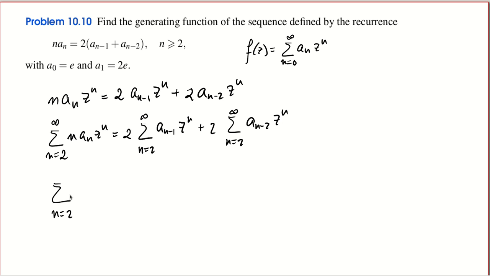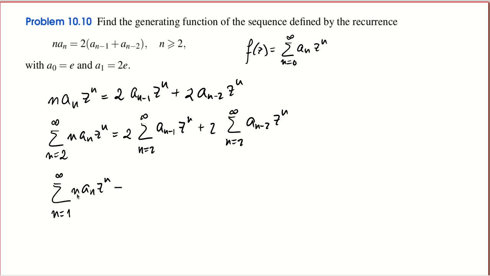Actually, I'm going to write this from 0 to infinity. Okay, well, actually from 1, because for 0 this is equal to 0. And the difference between this sum and this sum is the first term, so I have to subtract the first term to compensate.